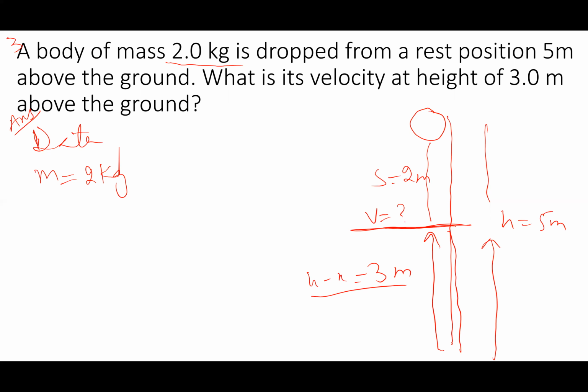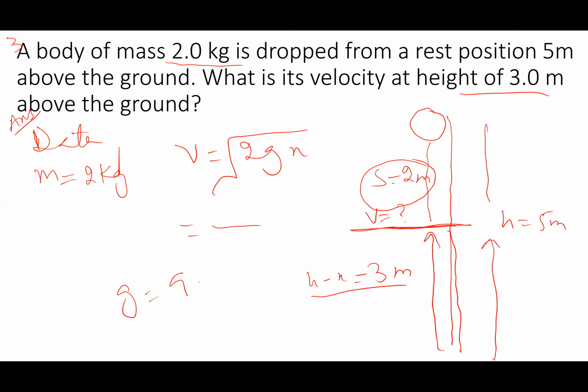So out of 5, calculate the height covered. Velocity v is equal to the square root of 2gx. We will calculate the velocity from the height covered, the distance traveled. So use this equation, you can calculate the value. The value of g is 9.8 meter per second square.